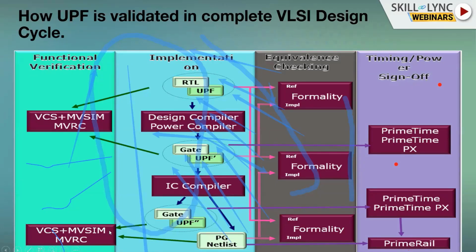Then we run static tools, a static environment functional verification, with tools like MVRC and MVSIM. Different tools are used for that. Then the same UPF that you generated from Design Compiler goes to PrimeTime, which is mainly the timing estimation tool. Those also use your UPF file.